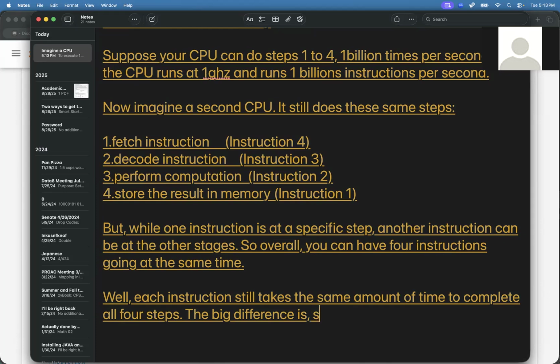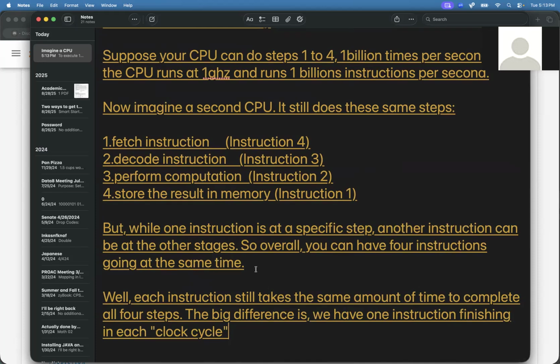So we have one instruction finishing in each, I'm going to say clock cycle here. We haven't used that language before, but let's say each of these takes 1 clock cycle, then we could have one finishing every single clock cycle. And overall, on average, this will run 4 times as fast.